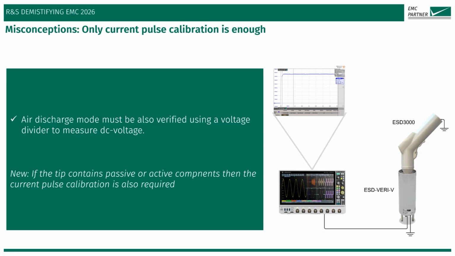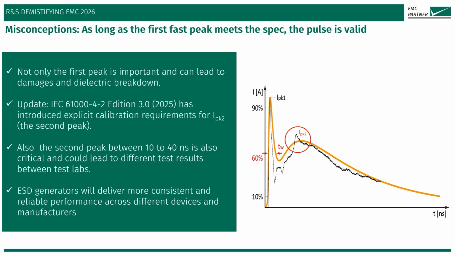However, if the tip is made only from metal or conductive material, only DC measurement using a voltage divider, like you see in the picture, is actually sufficient.